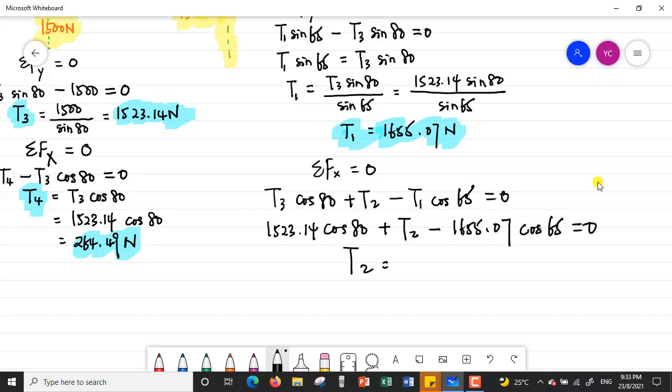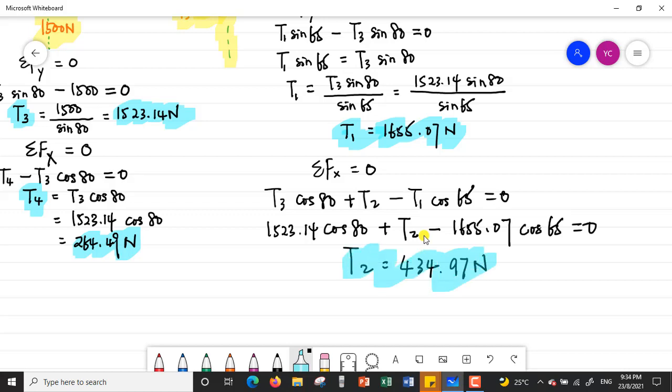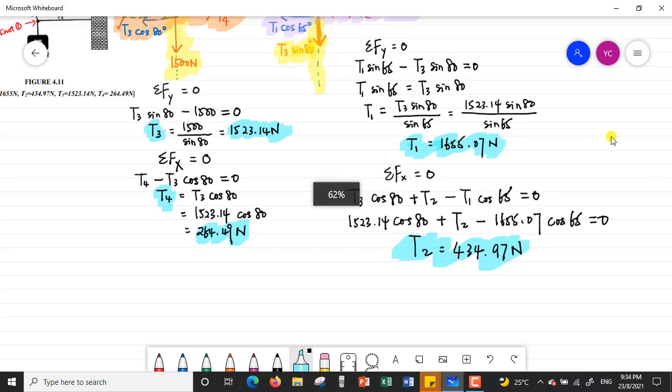So, kita boleh cari T2. So, calculate with calculator, you get T2 is around 434.97 Newton. So, we get our answer for T2. So, we are done with the solution.